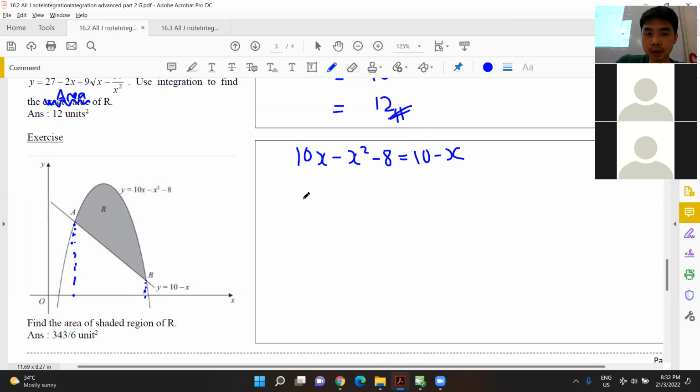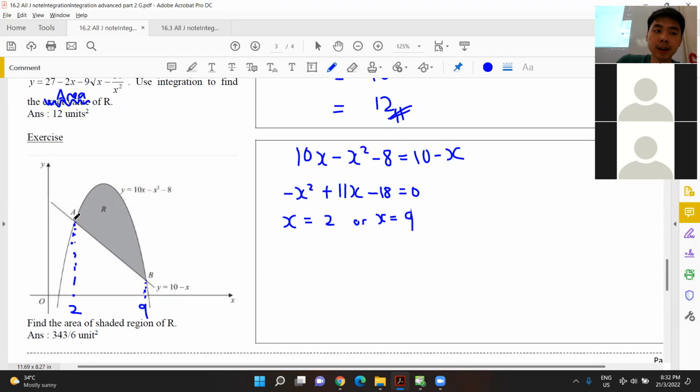Then negative x squared, 10x, bring this x over, becomes plus 11x. Minus 8, bring this 10 over, becomes minus 18 equals 0. Type this into your calculator, you will get the x value of 2 or x equals 9. And that's your limit right here, 2, 9, like this.